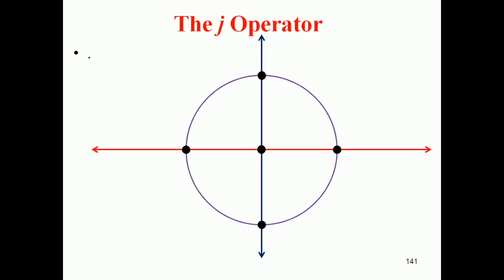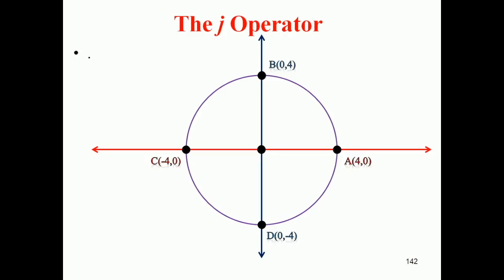So every point on the circle is at a distance of 4 units from the origin, and we have the intersection of the circle with the x and y axes. The x axis I reserve for real and the y axis for imaginary.